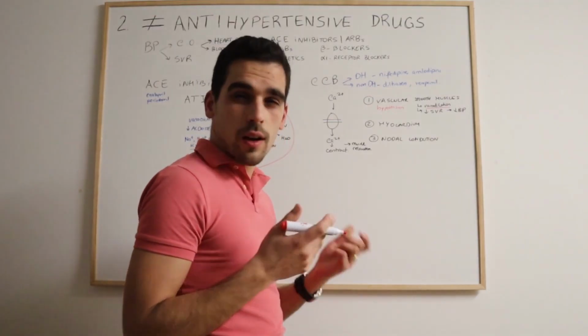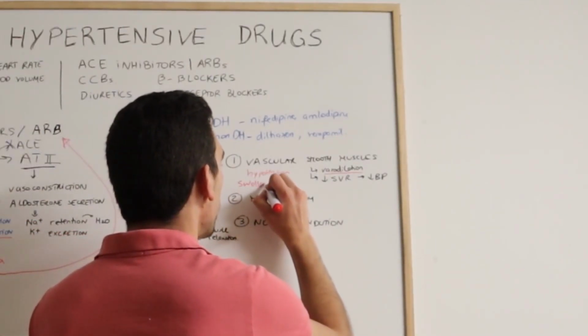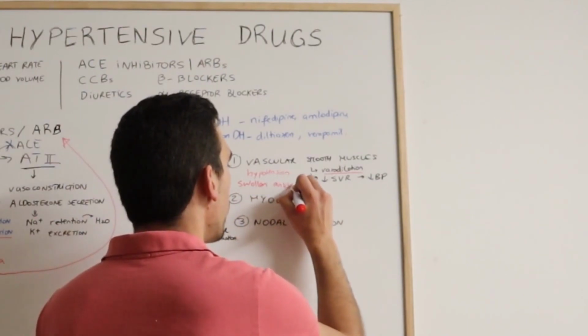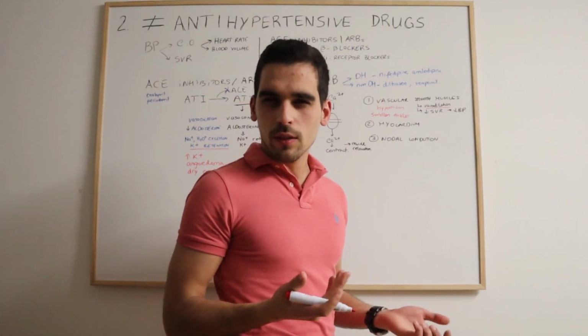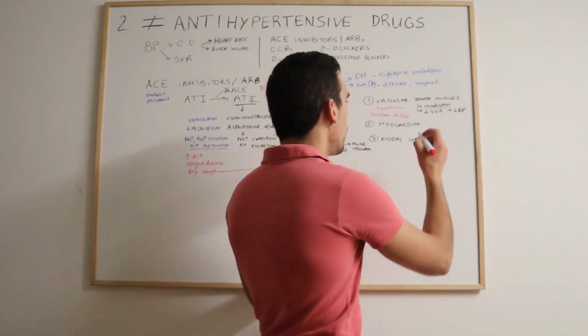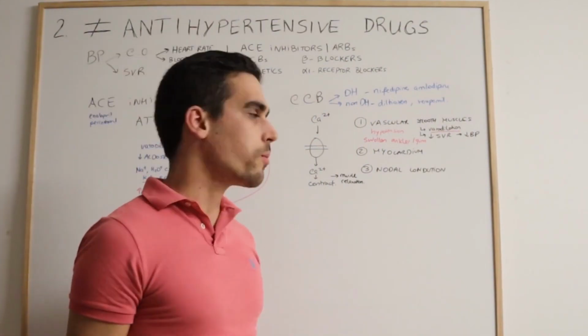These drugs can cause edema, peripheral edema. Patients can suffer swollen ankles, and swollen gums is also a possible side effect, called gingival hyperplasia. So those are the main side effects with the dihydropyridine calcium channel blockers.